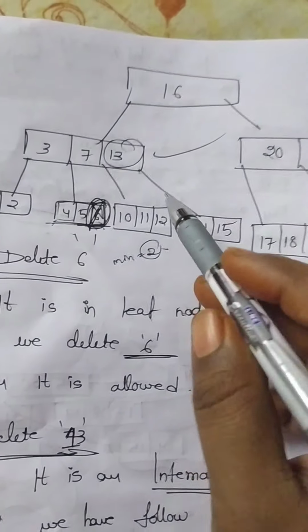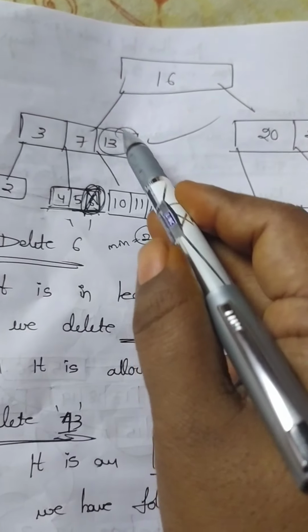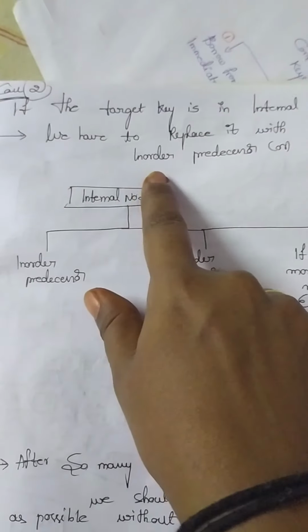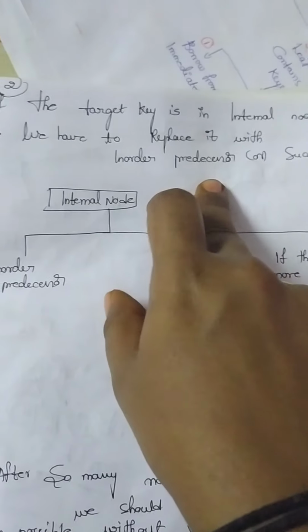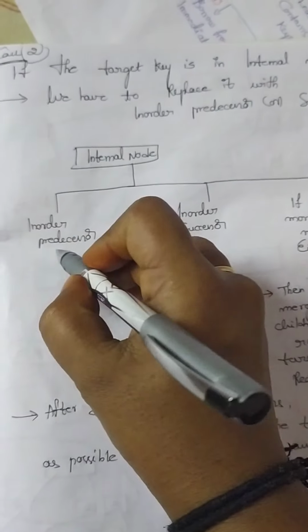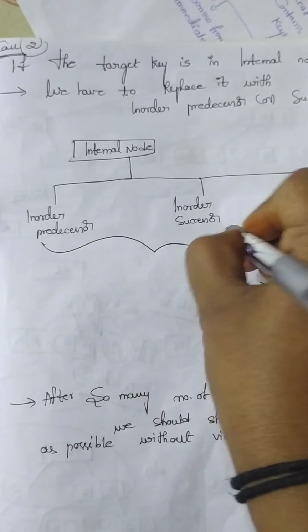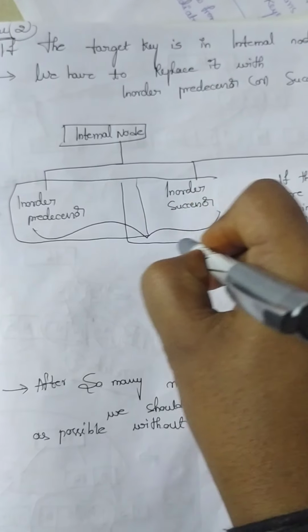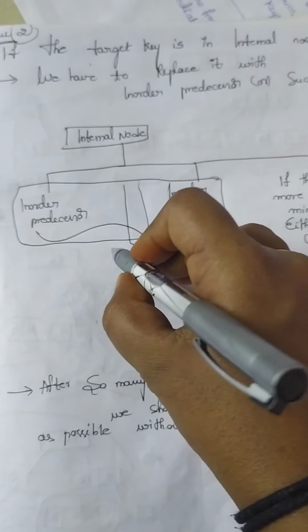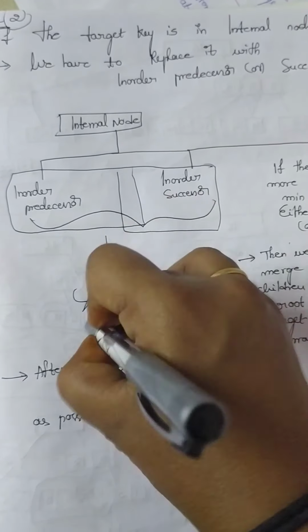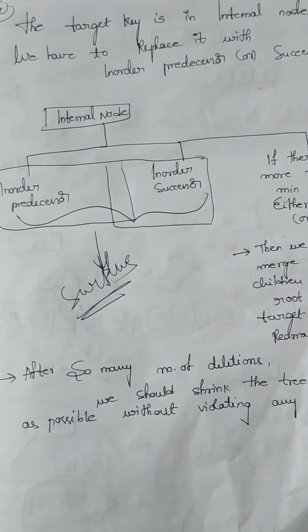What do we have to do if the internal node holds the target key? There are also two conditions. We have to replace it with the in-order predecessor or successor. The replacement should be done only if surplus keys are present, not the minimum number of keys.